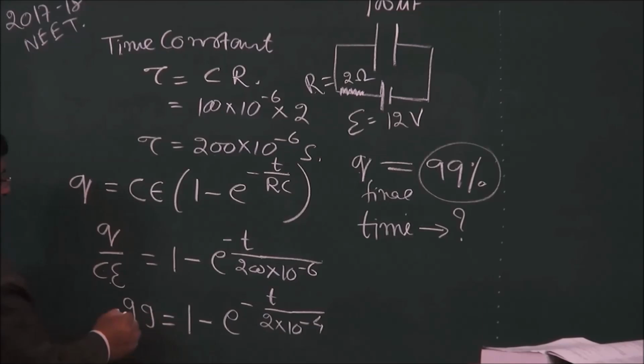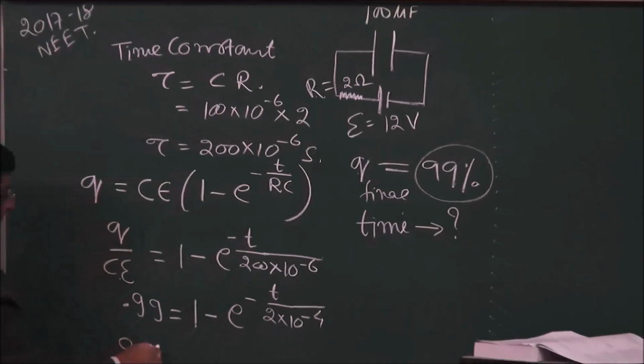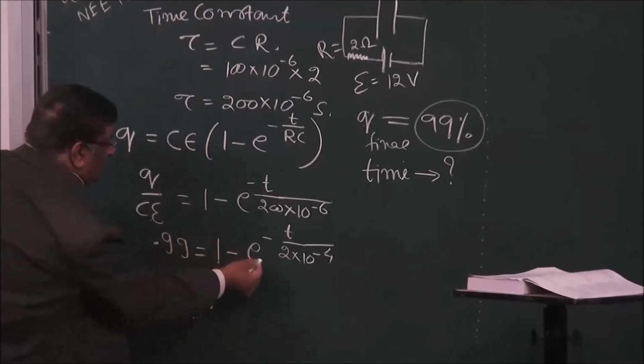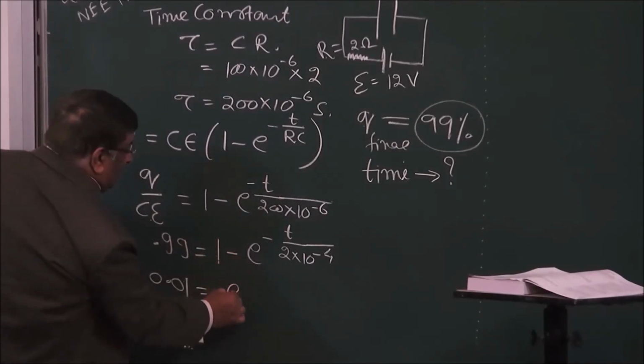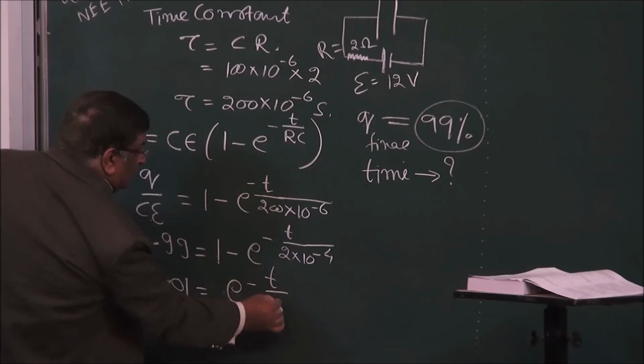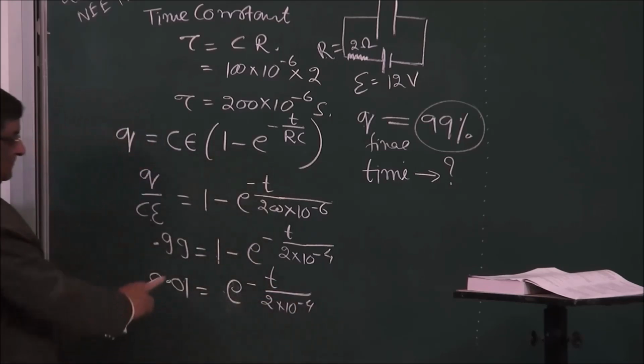Okay, so we take this on this side, so this will be 1 minus 0.99, that is 0.01, is equal to e to the power minus t upon 2 into 10 to the power minus 4.